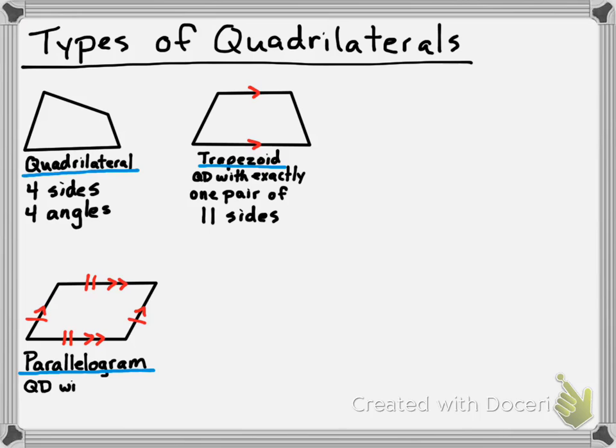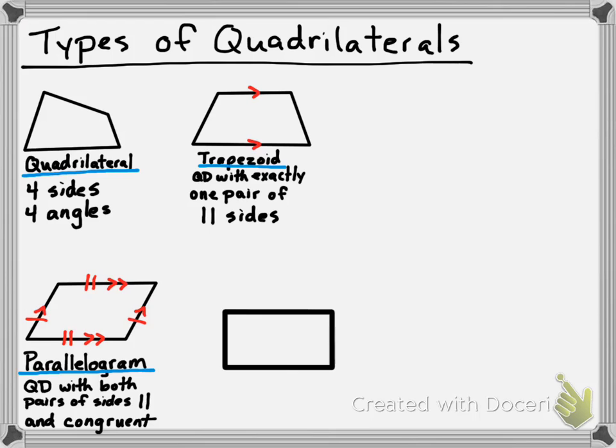But this is a quadrilateral with both pairs of sides being parallel, and with both pairs of sides also being congruent. So a parallelogram, the top and bottom are parallel and congruent, and both sides are parallel and congruent.